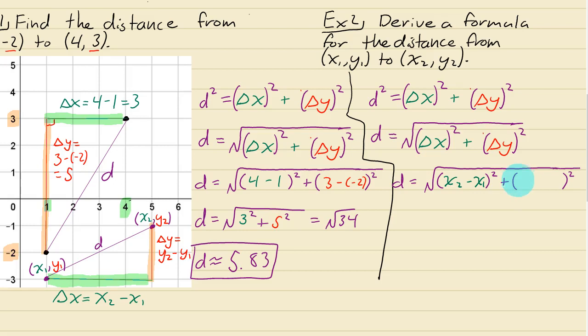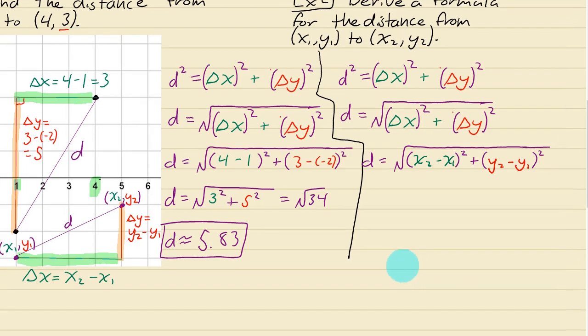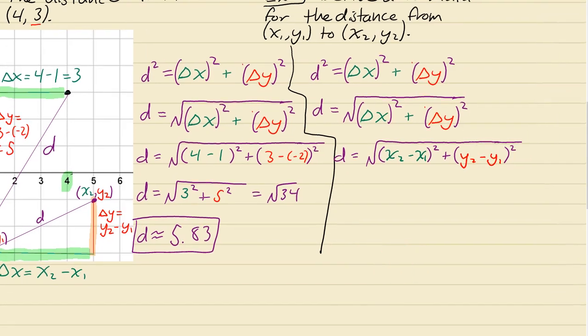So this is also going to be y2 minus y1 here. Anyways, this is the distance formula, and you can plug in your particular x1 and x2 and y2 and y1 for any pair of points that you have, and we'll do a few examples of that in the next video.